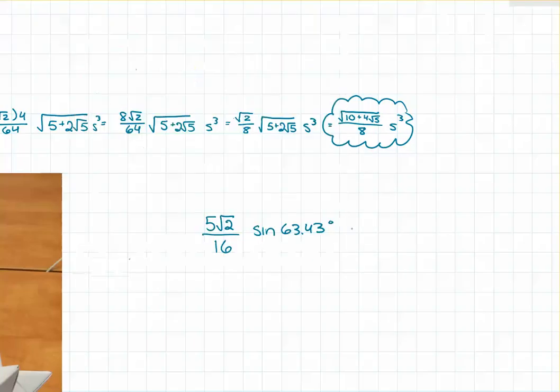Plus square root of 10 plus 4 square root of 5 over 8, and all of that times the original side length cubed. So that's pretty ugly, but hopefully that's pretty close to the actual volume of the 60-piece star.